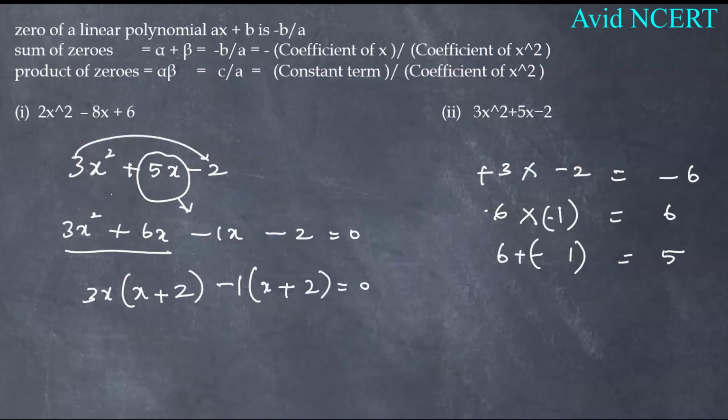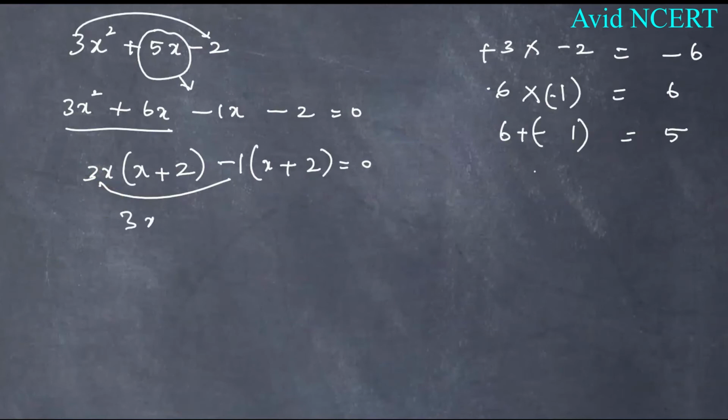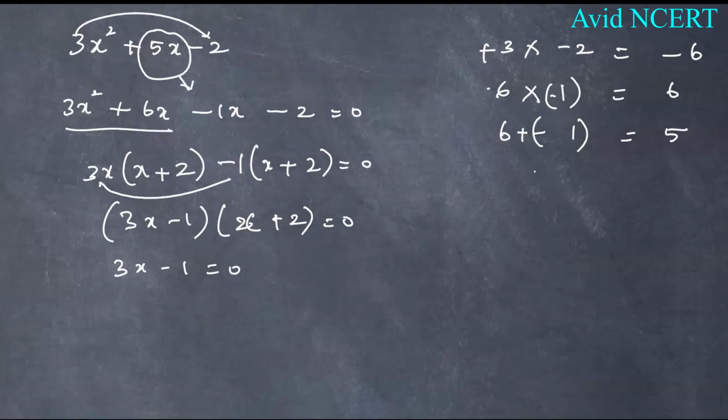So equals 0. Now we have to take this x plus 2 out. So this becomes 3x minus 1 and x plus 2 equals 0. Now 3x minus 1 equals 0. 3x equals 1, since minus 1 goes this side and becomes plus 1, and x equals 1 by 3, since this 3 comes down here.